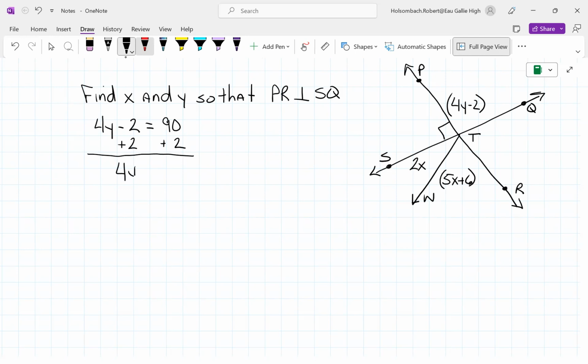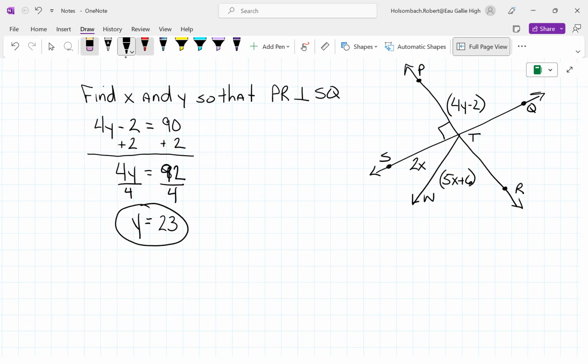And our 4y equals 80. No, it doesn't. It equals 92. And divide by 4. 92 divided by 4 is 23. All right, so there's our y. When our y is 23, then this angle up here is 90 degrees.